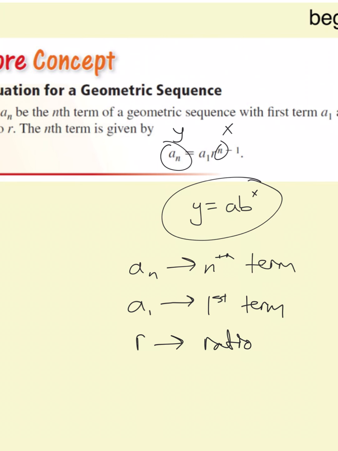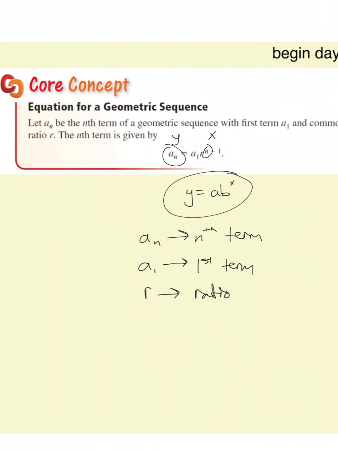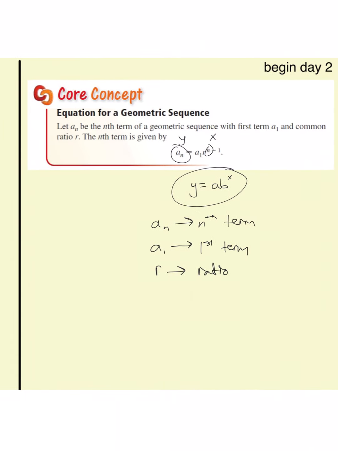Because we start with x as 1, the first term, the y-intercept would be the 0th term, kind of like we did back with arithmetic sequences. Anyway, it has to be n minus 1. So the term you're looking for, minus 1, is the exponent. All right, let's practice writing some of these.